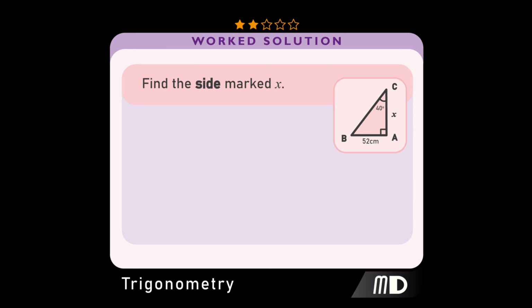There are two common methods for finding the missing length of one side of a right-angled triangle. Those methods are Pythagoras' theorem and trigonometry.